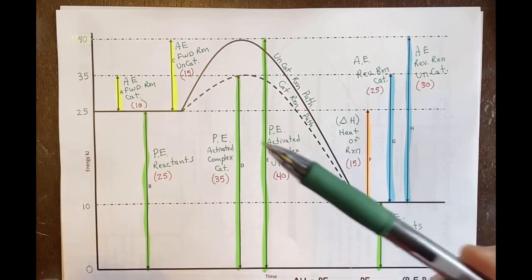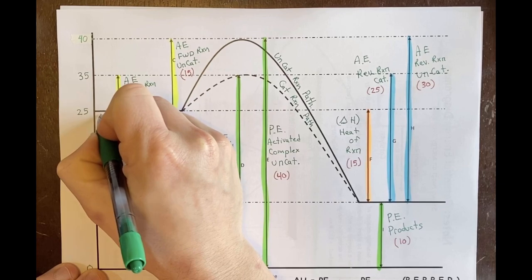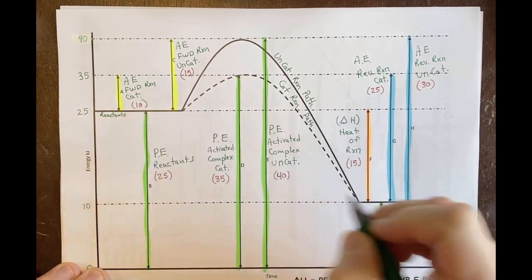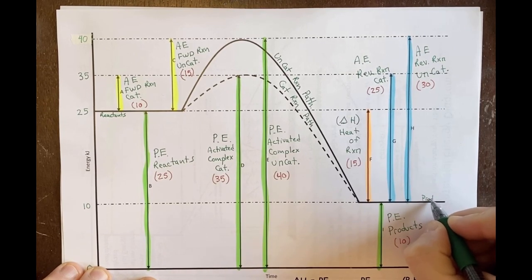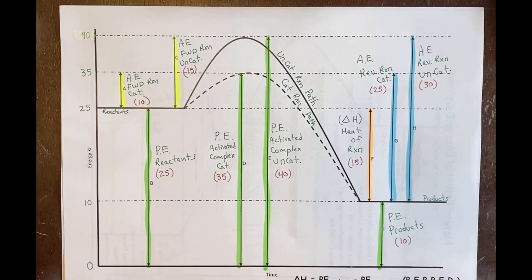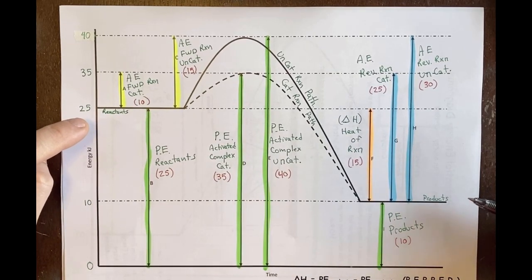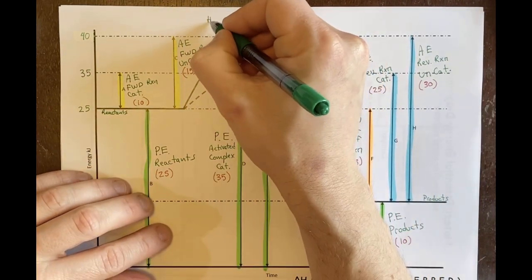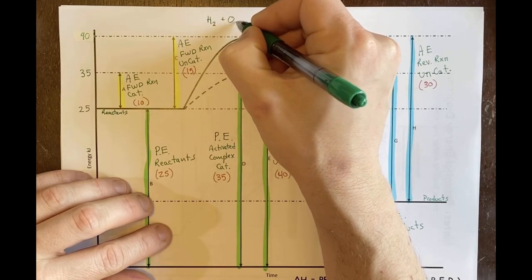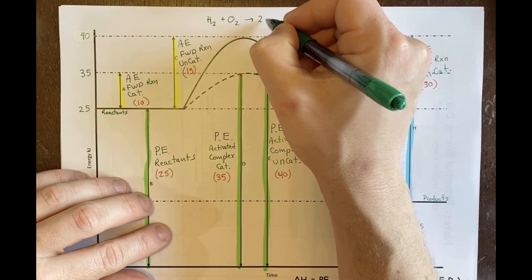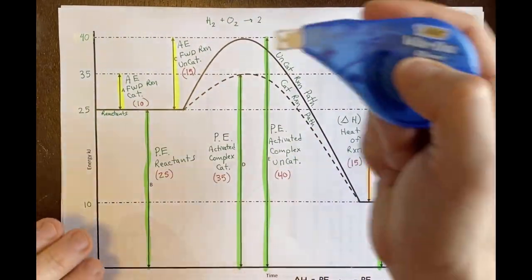So we're starting on the left with our reactants. And our products are always on the right. Now the reactants and products can be represented literally by the words, or they could be a chemical reaction. So for example, let's say the chemical reaction was H2 plus O2 makes, I think it actually just makes H2O.